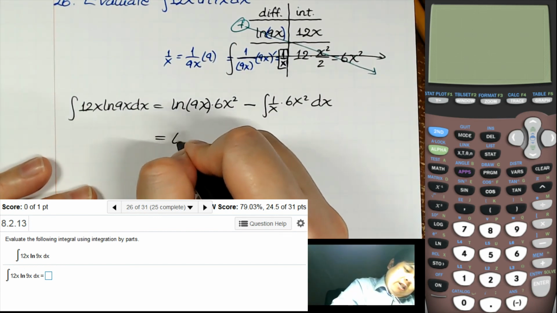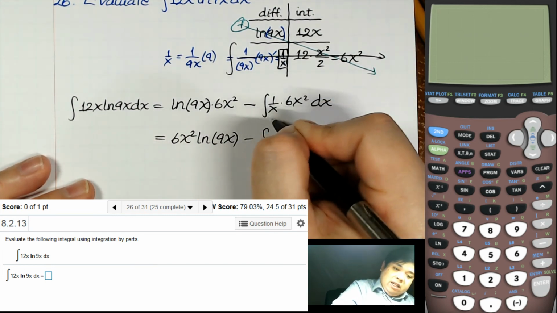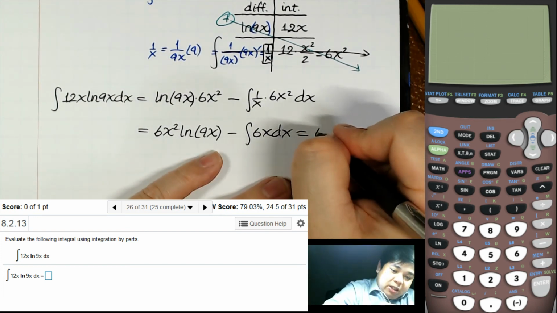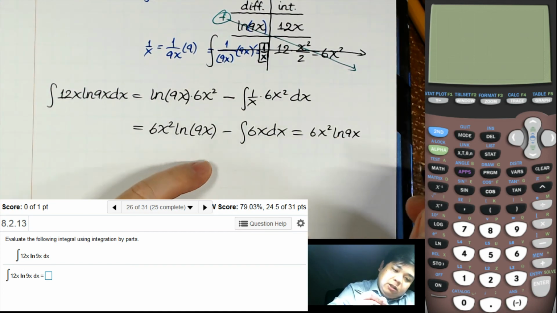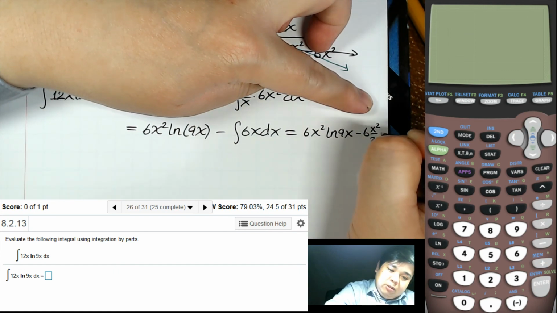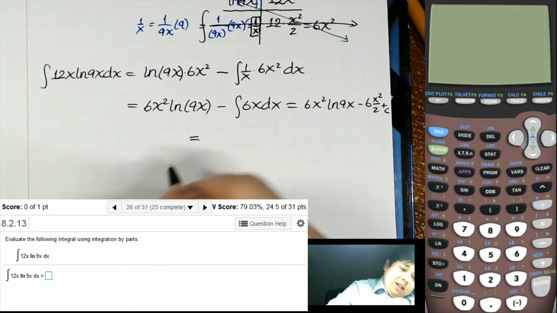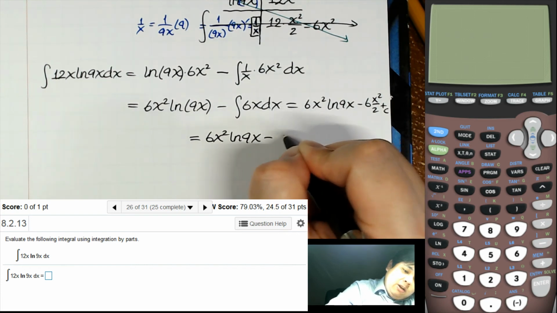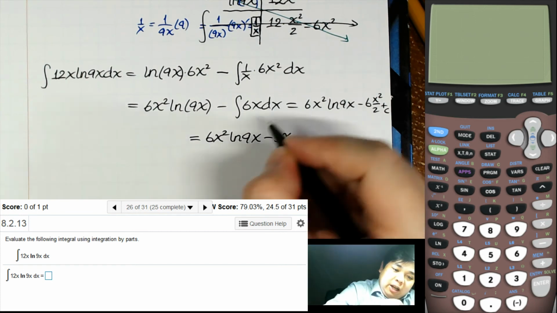So we have 6x squared ln of 9x minus, to cancel out, 6x dx. So 6x squared ln of 9x minus 6x squared over 2. Let's see. So we'll have 6x squared ln of 9x minus 3x squared.